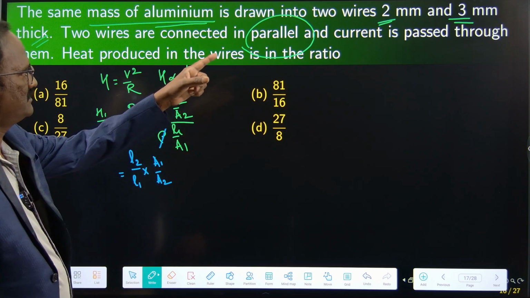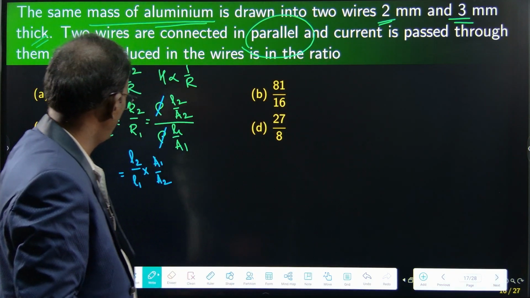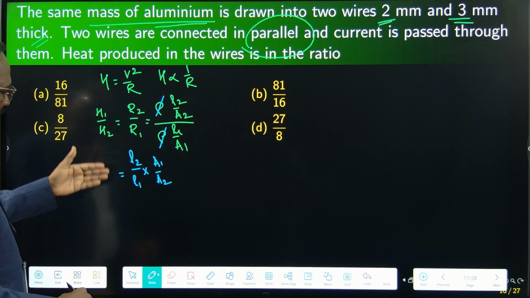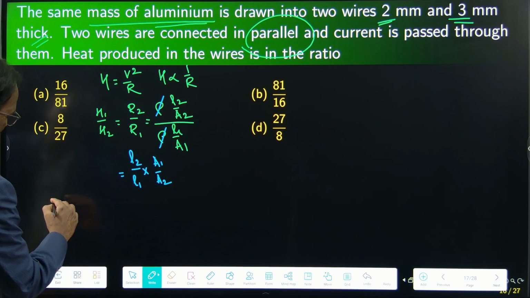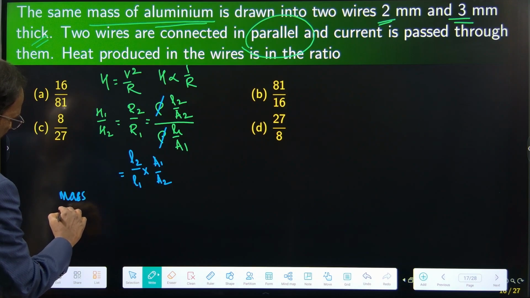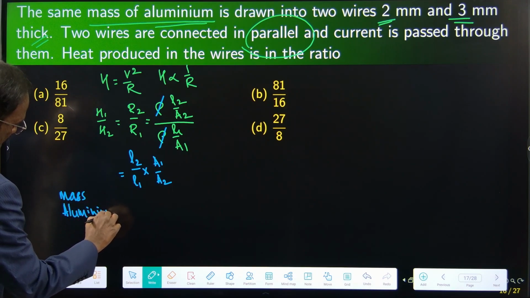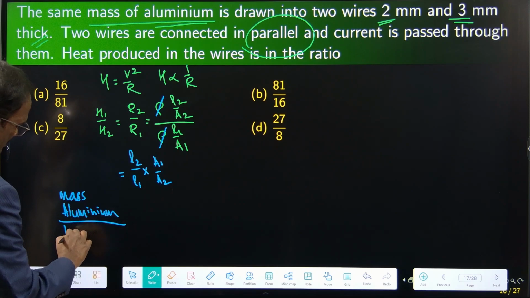So for A1 by A2, we can use the pi d square formula with 2 mm and 3 mm. L1 by L2 or L2 by L1 we will relate using the mass. Mass is the same, material is aluminum, so volume is constant.